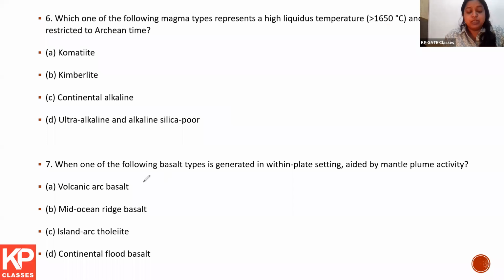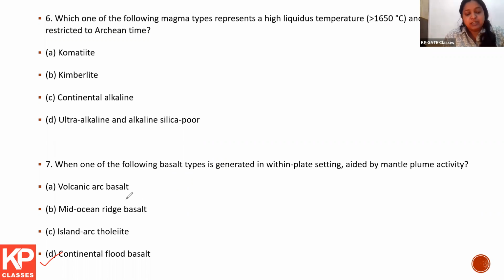Which one of the following basalt types is generated within plate setting aided by mantle plume activity? Answer is continental flood basalt.